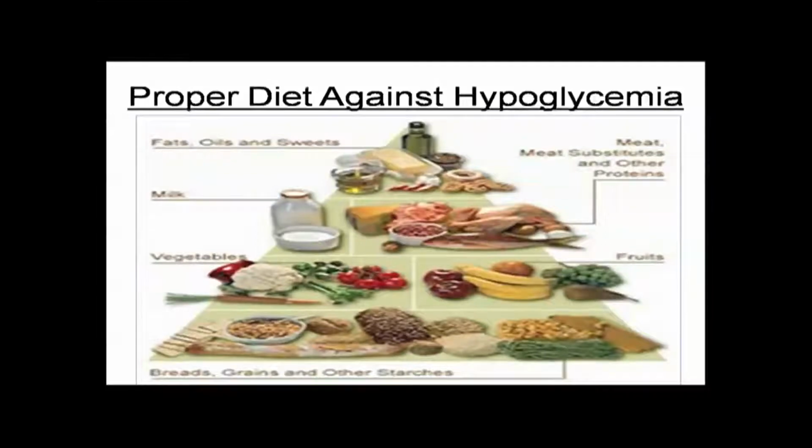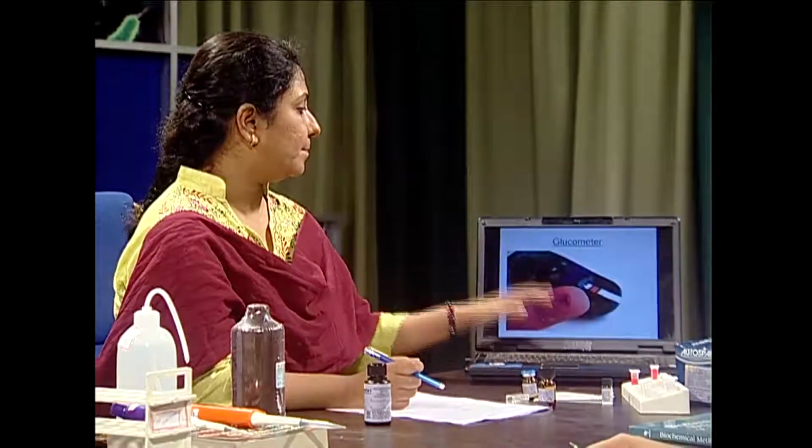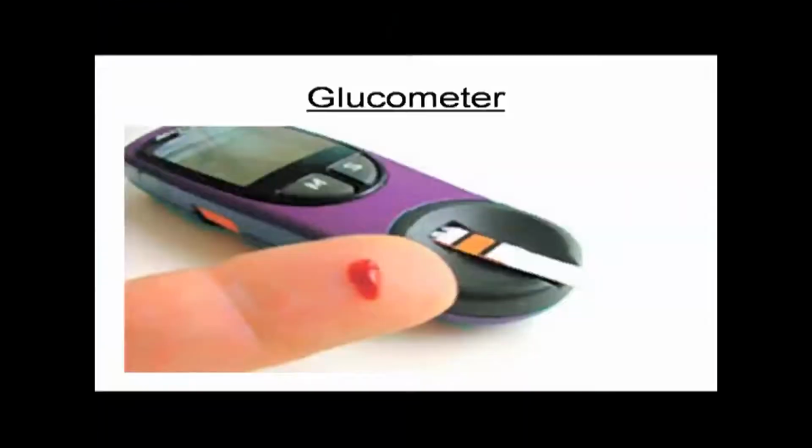So this glucose oxidase peroxidase method is not only used to estimate blood glucose but also used to estimate glucose from foodstuffs as well as diet beer, etc. And this method is used in the pharmaceutical as well as cosmetics industry. The glucometer is another device that we use in our house for domestic purposes to estimate blood glucose.